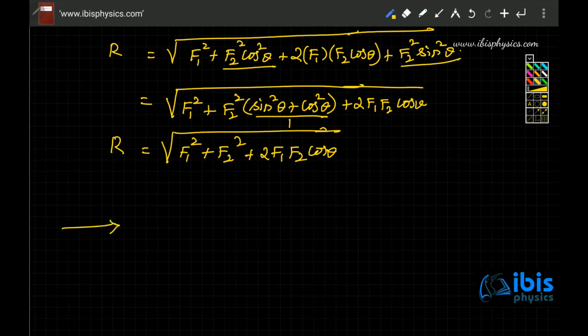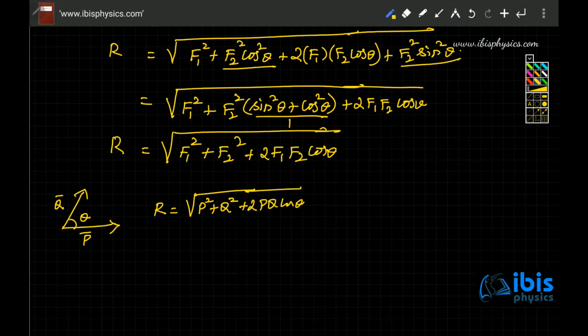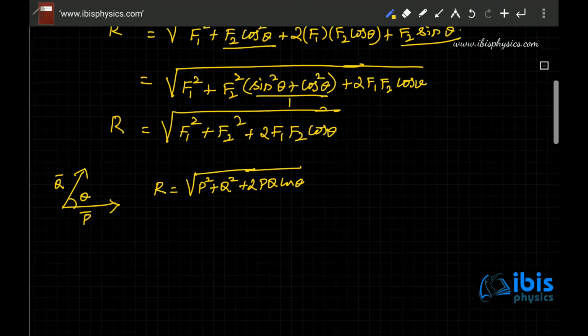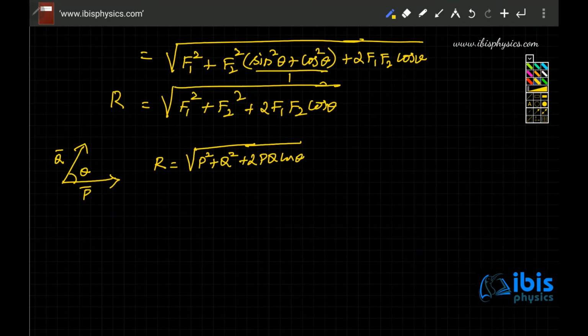If p vector is this and q vector is this, and the angle between the vectors is theta, the magnitude of the resultant of p vector and q vector is equal to root over p square plus q square plus 2pq cos theta. Then what if these two vectors are in the same direction?